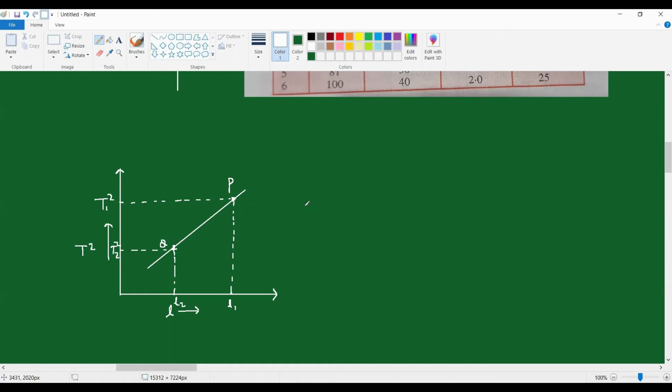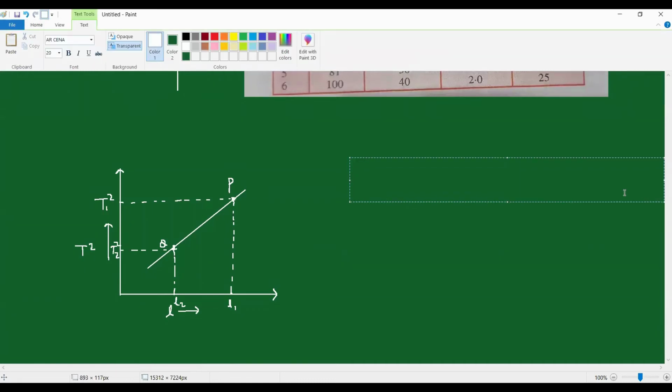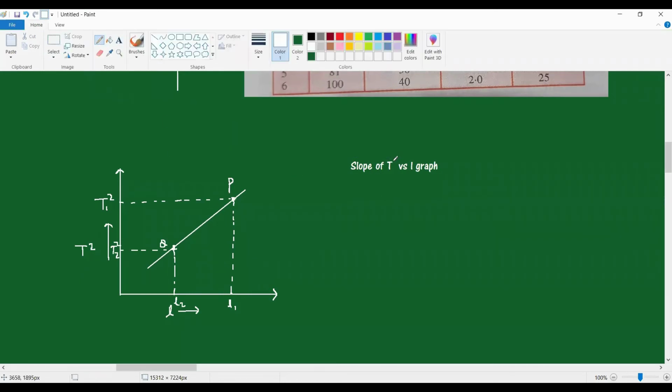So the next part is the slope of the straight line, the slope of the T raised to power 2 versus length graph. So what does it mean? I'm going to let you know. See, the slope of any graph.